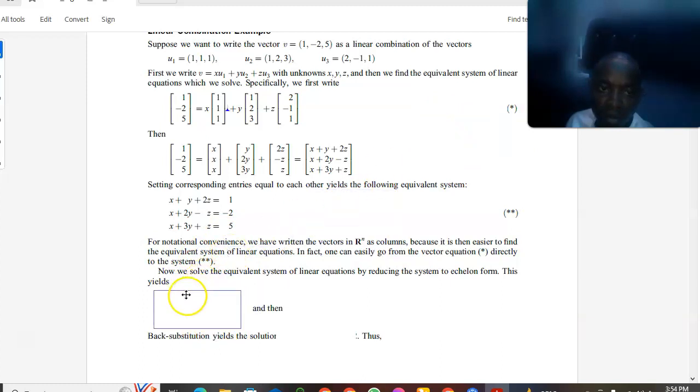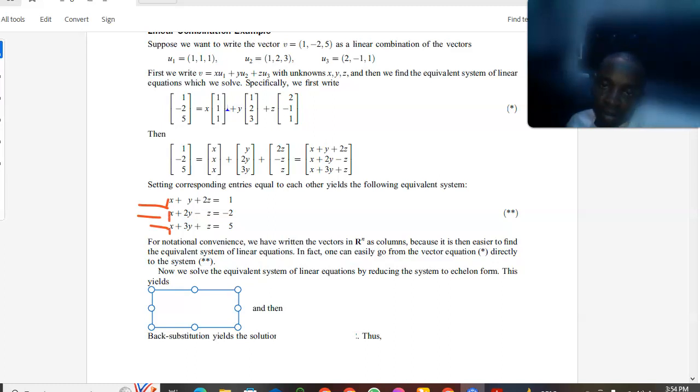From what I have here, how do I go about the reduction? This is the first row, this is the second row. I want to use the first row to reduce the second row and the third row. Since the coefficients of this are 1, 1, and 1, it's easy to reduce it.